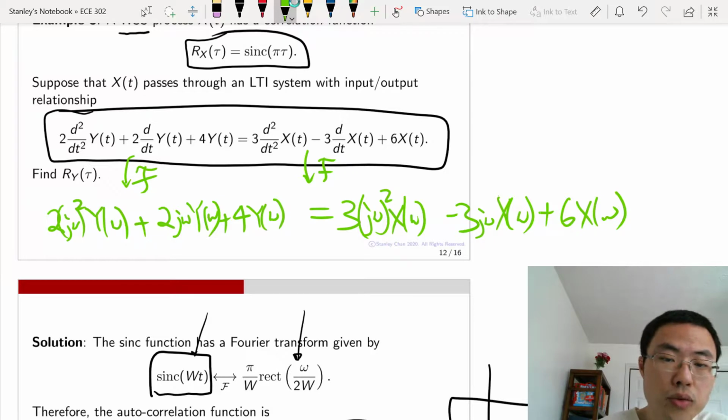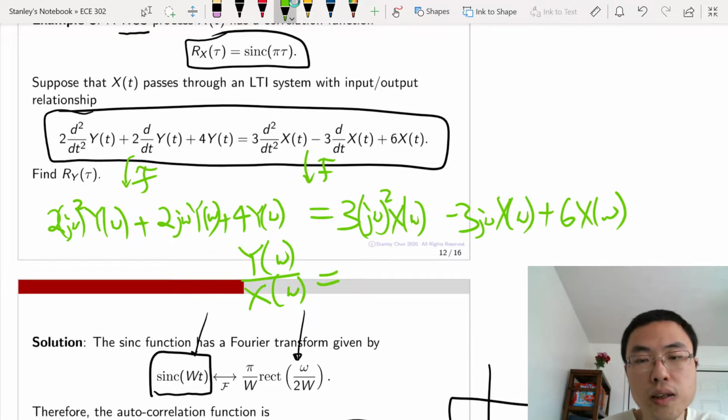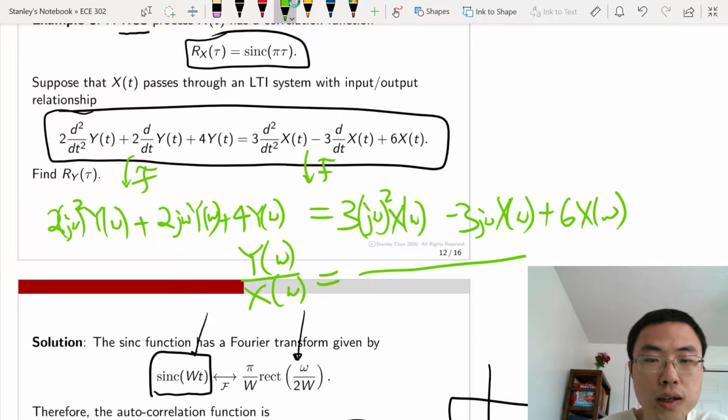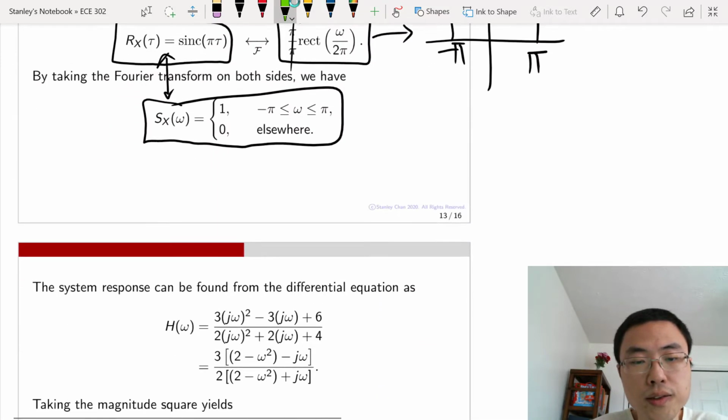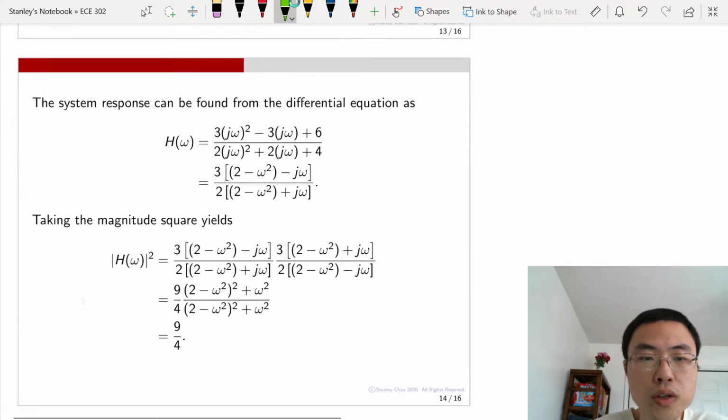Then you can move around the terms and ask what the input to output relationship is in the Fourier space. You can group all the terms by showing that Y over X will be given by all these quantities when they take the ratio. This is how we get to this result.